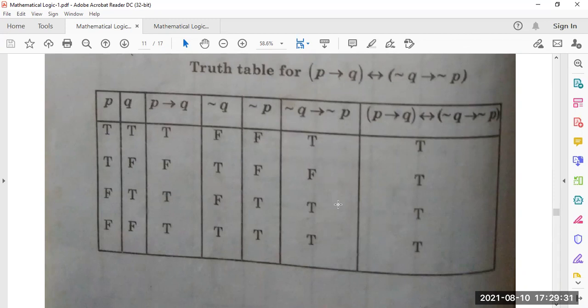You people give the explanation for this one. Anyone who wants to explain? Apeksha, just try to explain it. Yes, sir. Explain it.